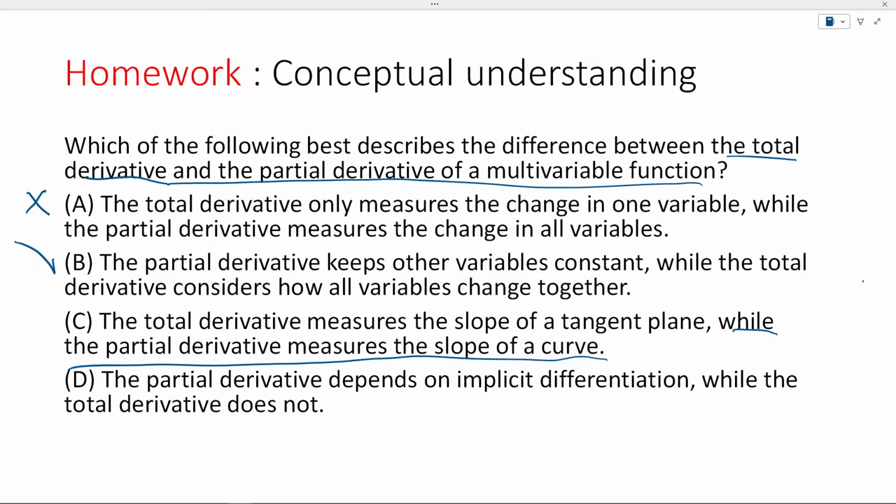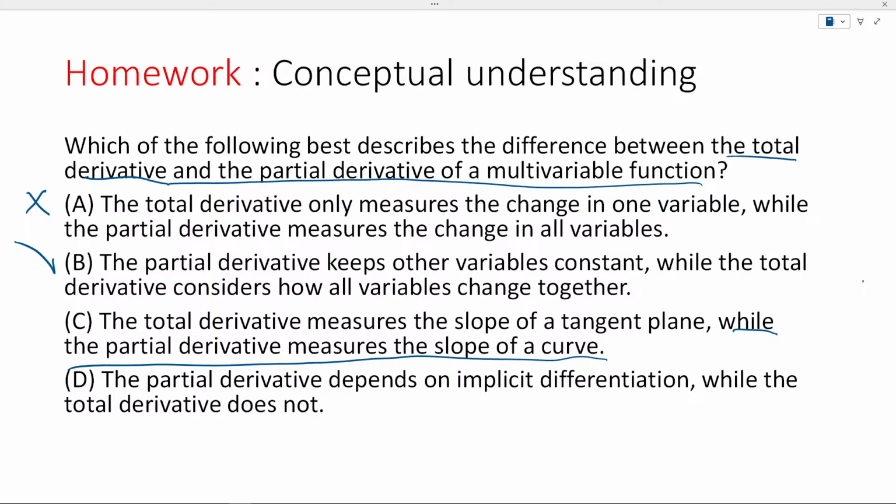So the partial derivative measures the slope of the tangent line to a curve by holding all the other variables constant. So the slope of the curve, yeah, a tangent line on the curve.